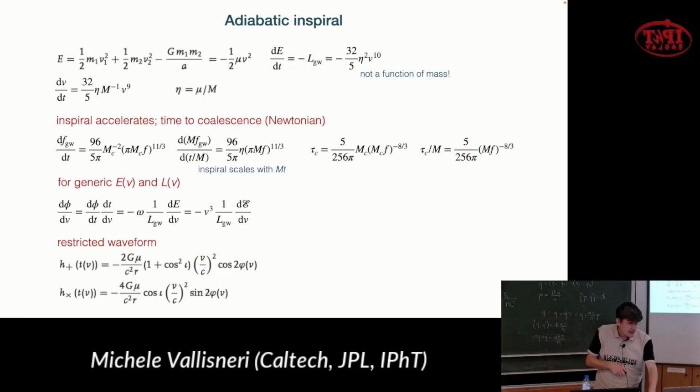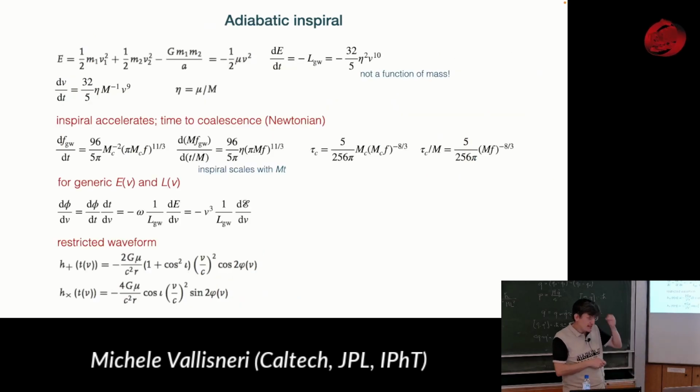And then we did this a little bit already, but the principle of adiabatic inspiral is you can, with some effort, build an effective force out of the emission of the energy, of the stress energy tensor to gravitational waves.